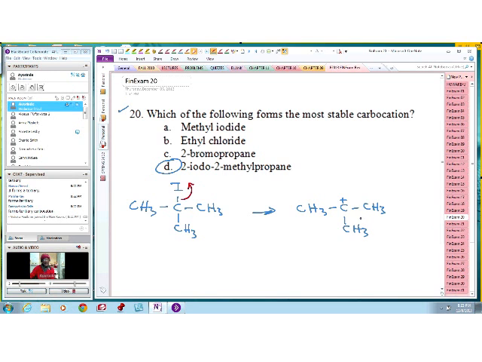Another way I could ask you this question is by asking which of the following substrates is best for an SN1 reaction.